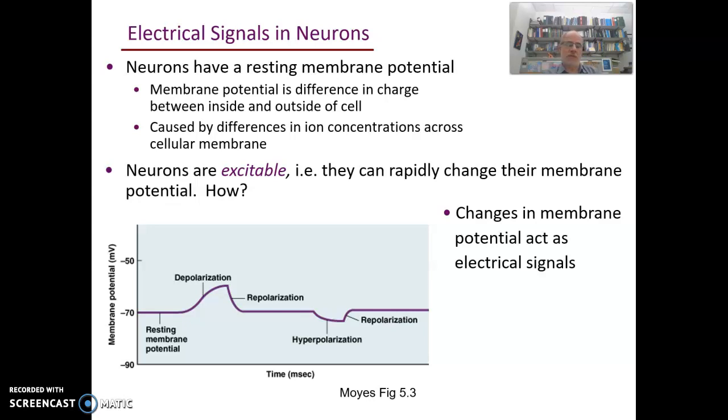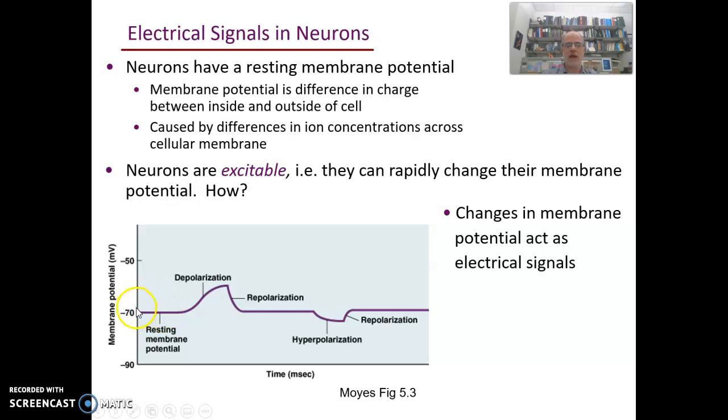The further you get from zero at the level of the membrane in terms of potential, the greater the electrical potential, right? So here we see that the resting membrane potential in a neuron is around minus 70.